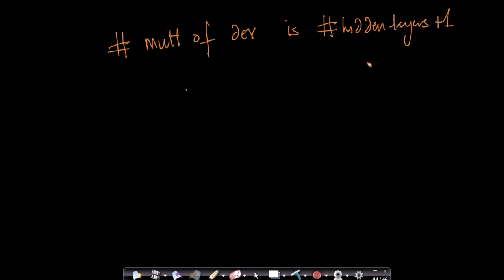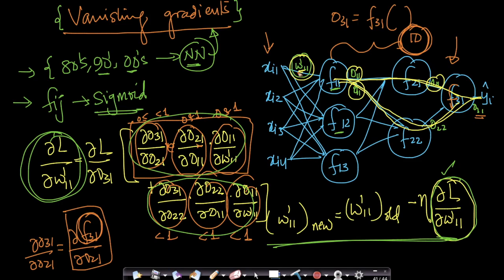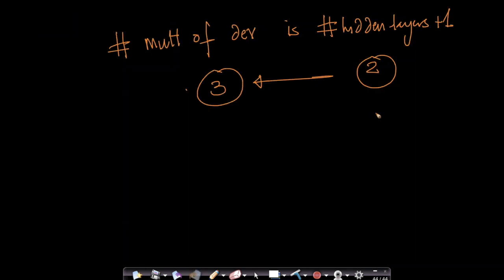So when I had 2 hidden layers, I was multiplying 3 derivatives, like in this case, to update the weight in this layer, because there are 3 layers ahead of me. Right? In the first layer, the weights that are connecting the input layer to the first layer, to update this, I'm doing 3 multiplications. Imagine if I had a 10-layer network or 10 hidden layers, then I would have had to do 11 multiplications.